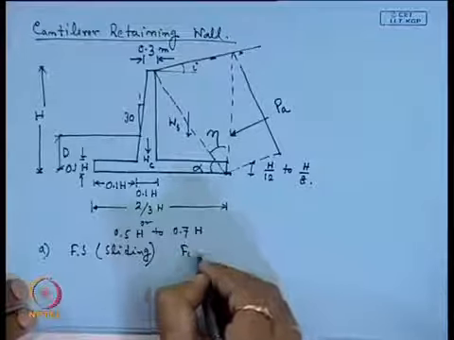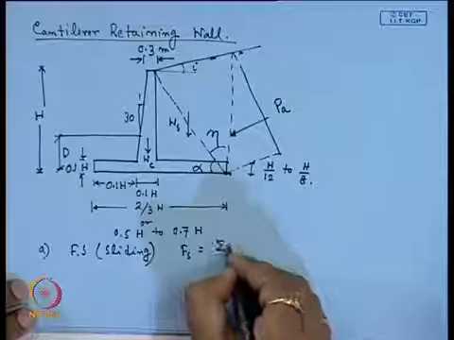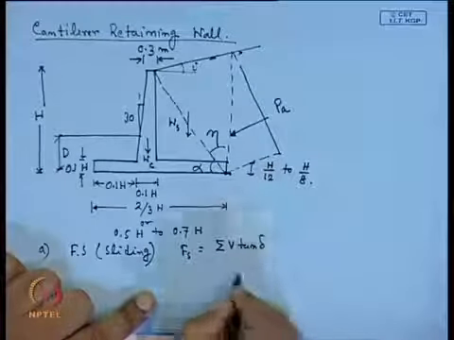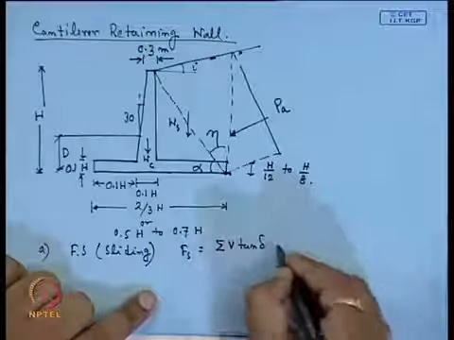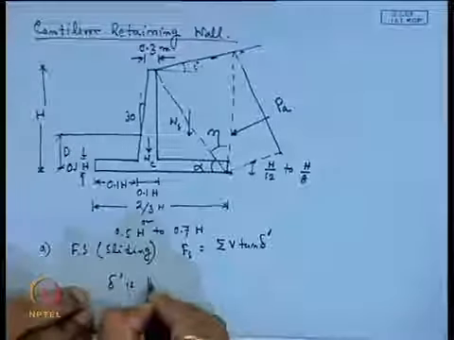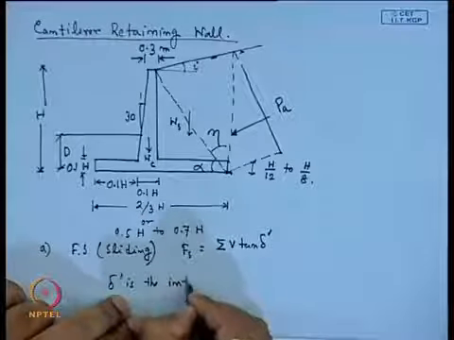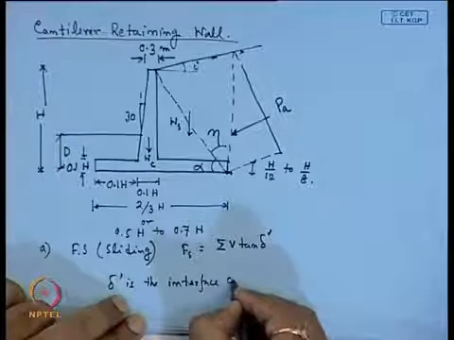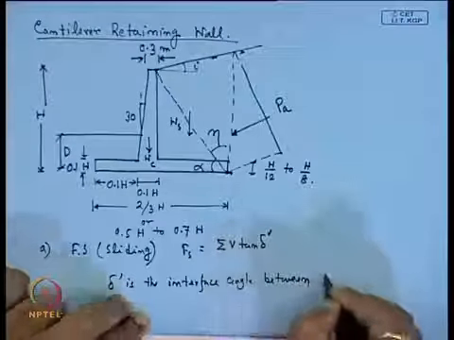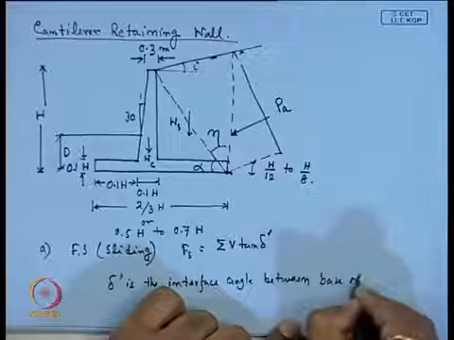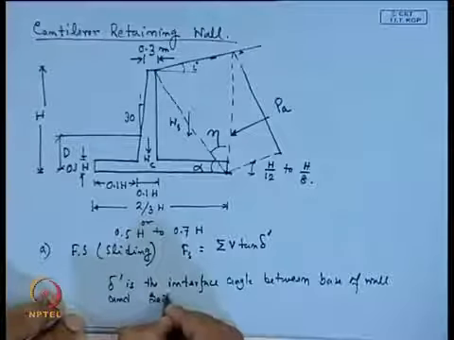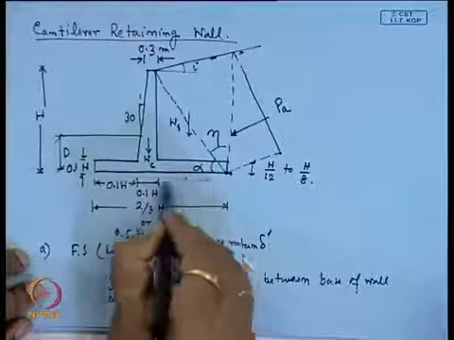So, this factor of safety will give us the total vertical force for the sliding into tan delta or delta dash, where delta dash is the interface friction angle between the base of the wall and the soil.